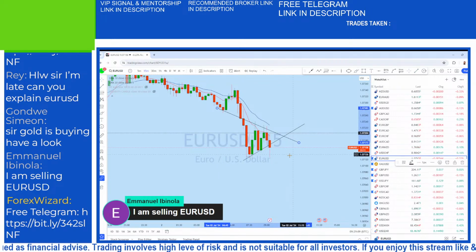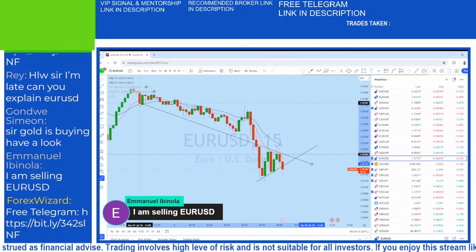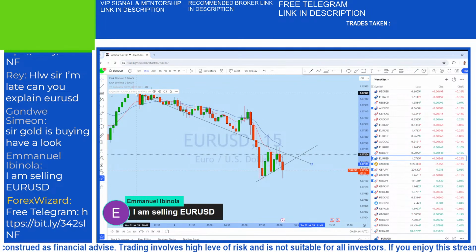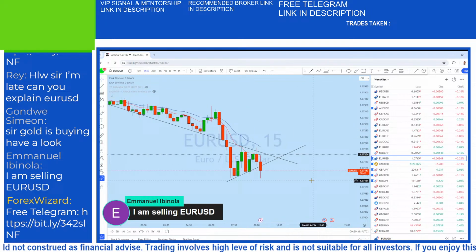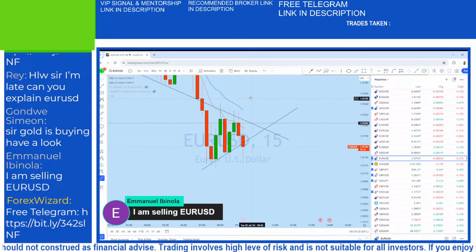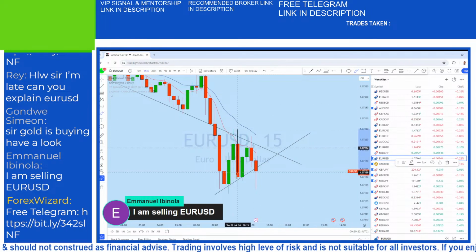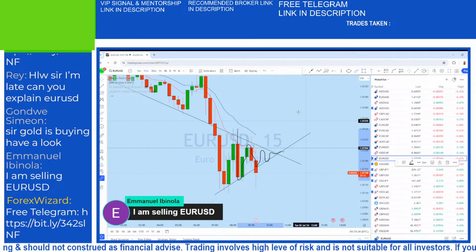This is a resistance. And what we can see here is a triangular pattern.